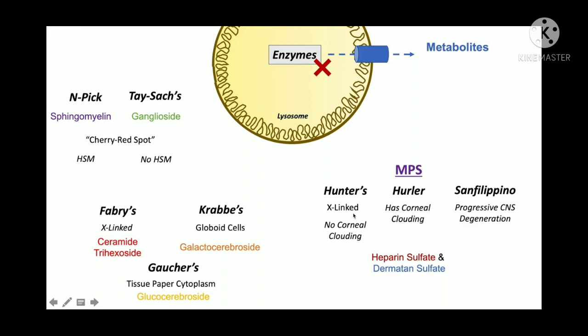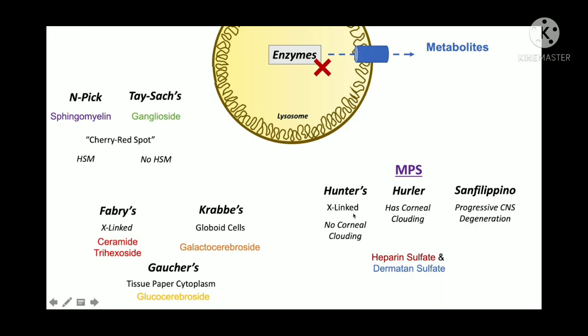While Hurler's does have corneal clouding, and you can think of a big hurricane, big for hepatosplenomegaly. Hurler and hurricane are made out of big clouds, meaning corneal clouding. Sanfilippo has progressive CNS degeneration, and there are 4 different subtypes. All of these mucopolysaccharidoses lead to an accumulation of heparan sulfate and dermatan sulfate.